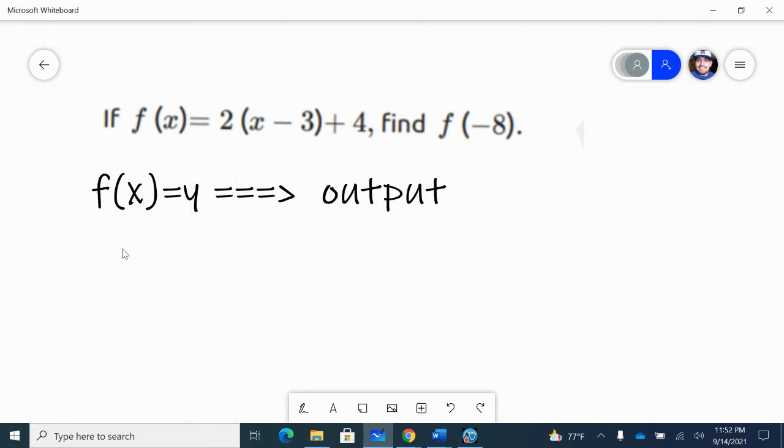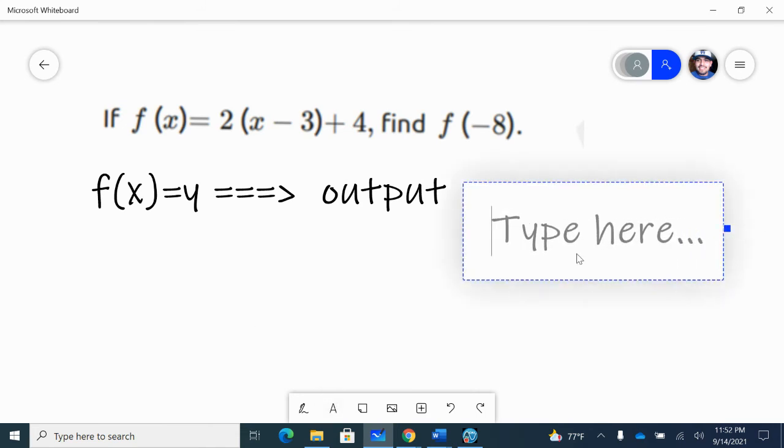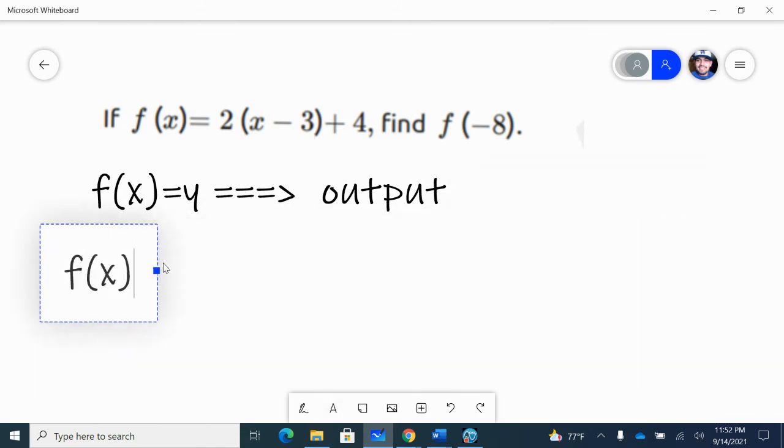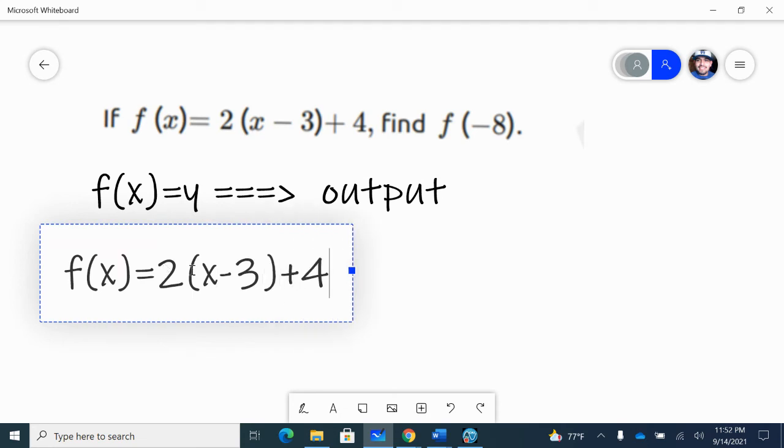If we're given a function f of x equals 2 parentheses x minus 3 close parentheses plus 4, the output is 2 times x minus 3 plus 4.